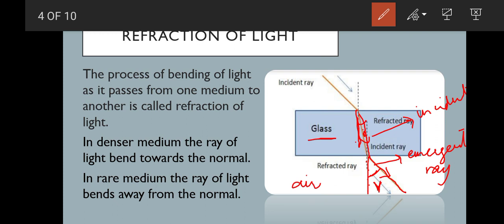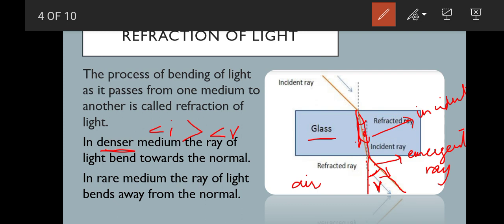One thing more we can conclude from these two points is that when light enters from a rare to denser medium, the angle of incidence will be greater than the angle of refraction because the light ray is bending towards the normal.